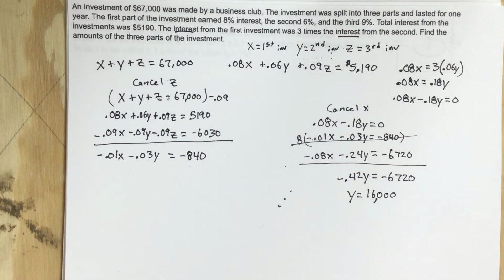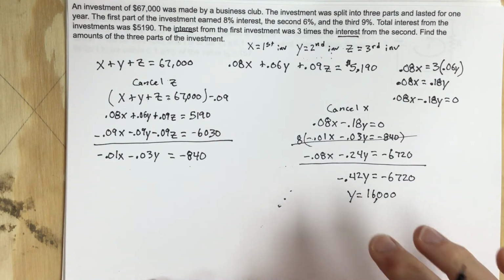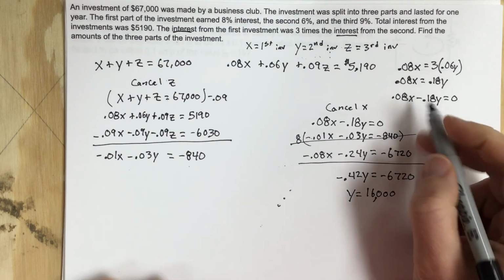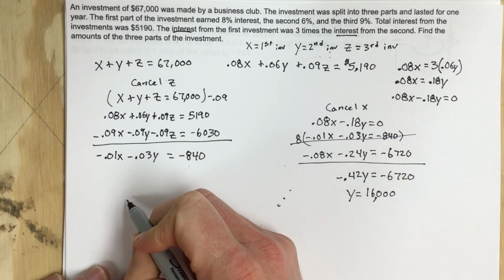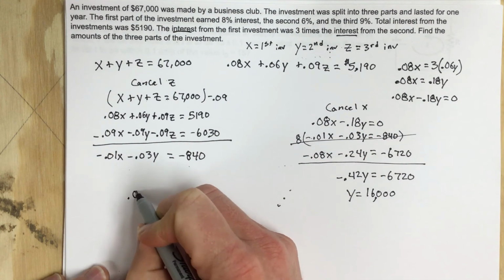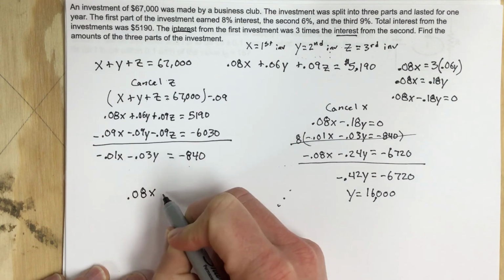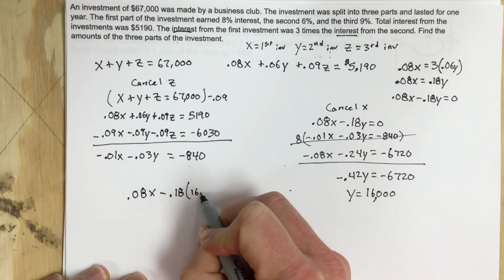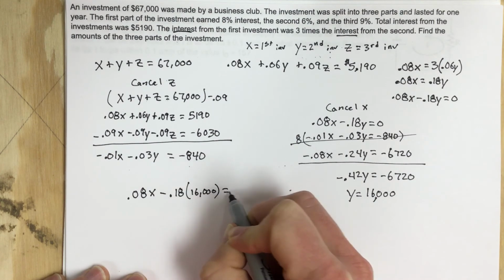Now we need to find x, so let's take the 16,000 and plug it back into this equation here. So we get 0.08x minus 0.18 times 16,000 equals 0.